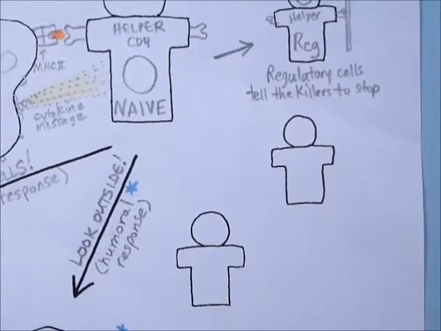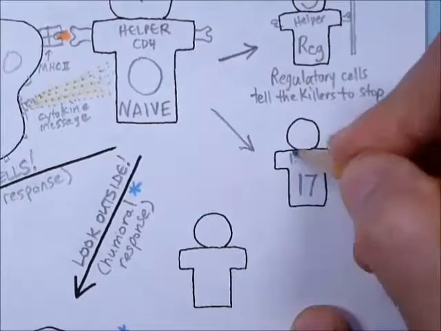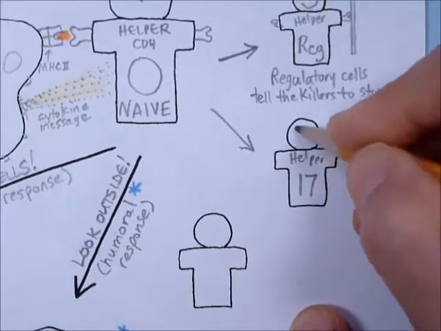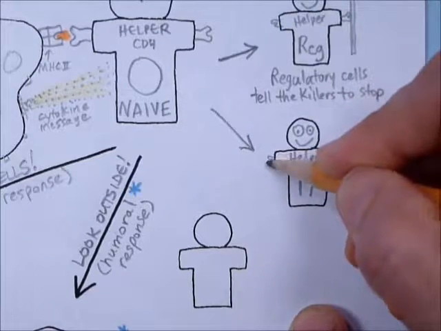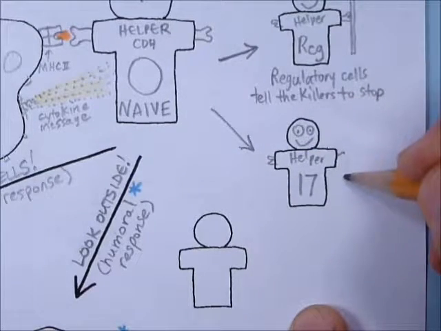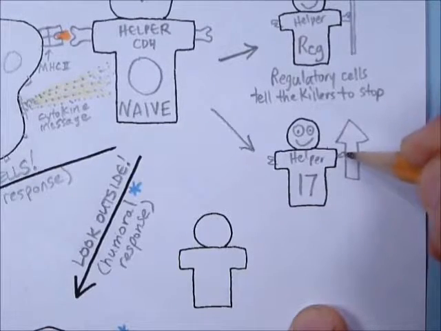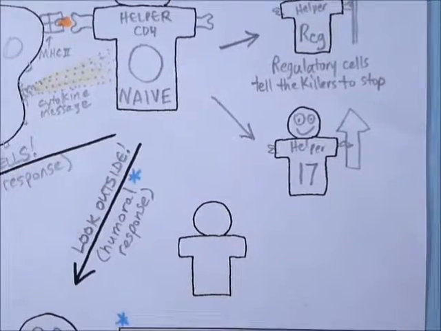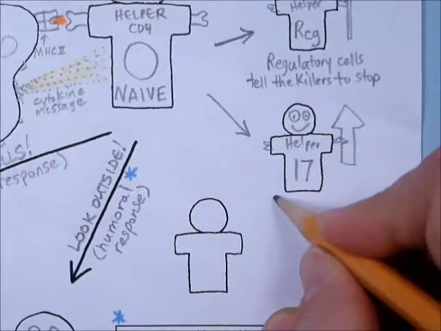So another option could be number 17. So this is helper 17. He's happy because he has a job, and he is going to be holding an arrow, because that's going to help remind us that this one increases inflammation.